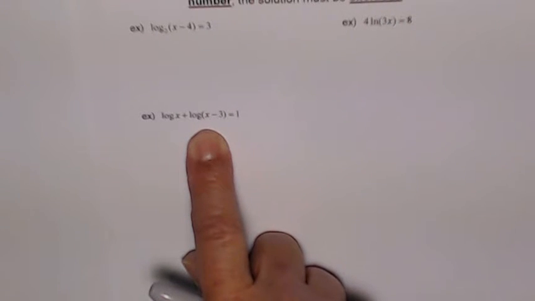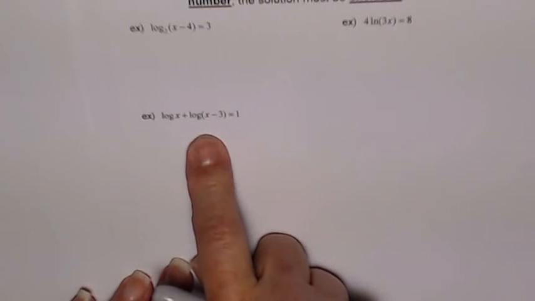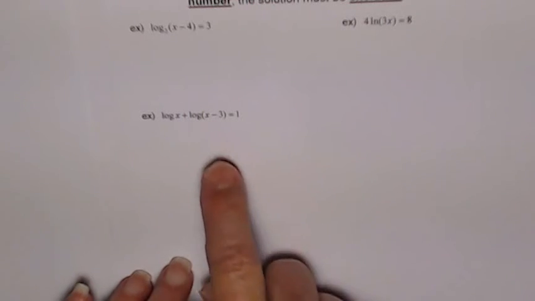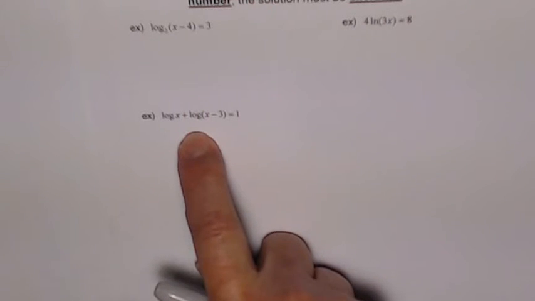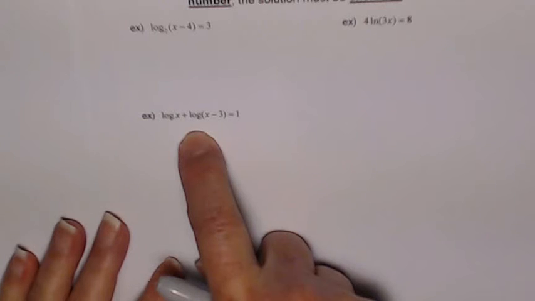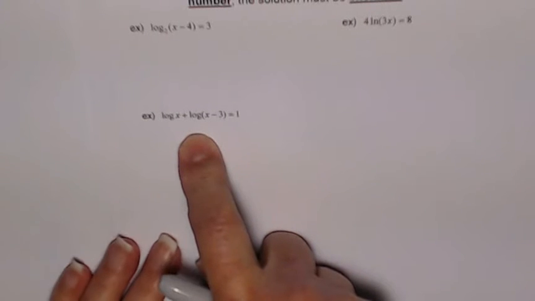We know from our properties of logs that we can clean this up and rewrite it using one log expression. When solving equations with logs, if we have more than one log statement, we always have to clean up the equation first using the properties of logarithms until we get one log or ln statement, and then we can solve the equation.